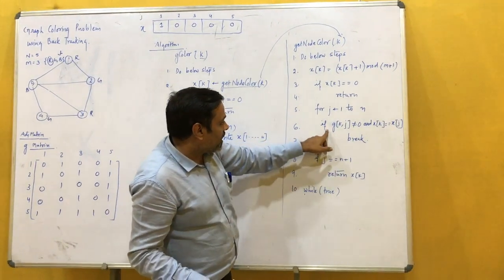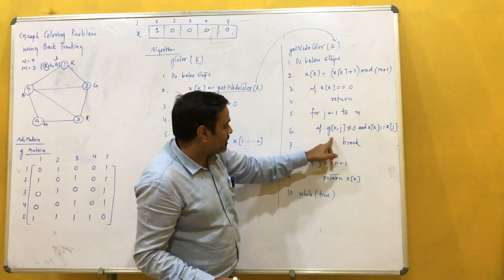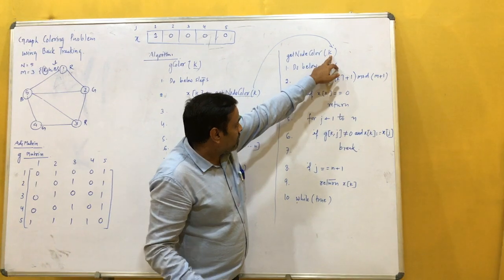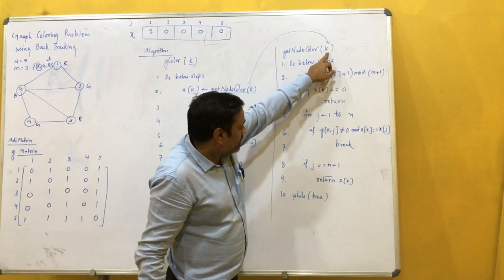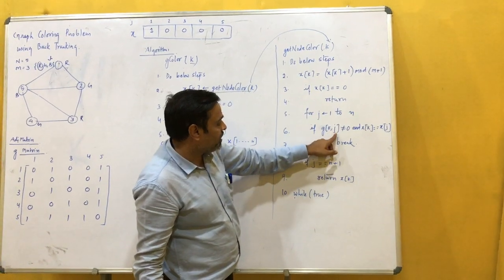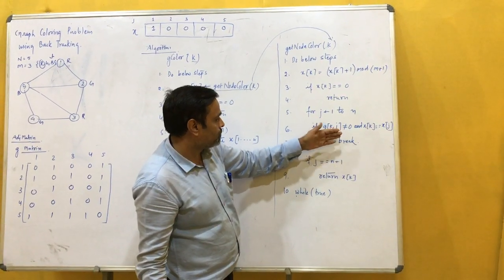For that I am using this matrix, the cell of this matrix G[k][j]. K right now has the value 1, and since this is the beginning of this for loop, j is also 1.